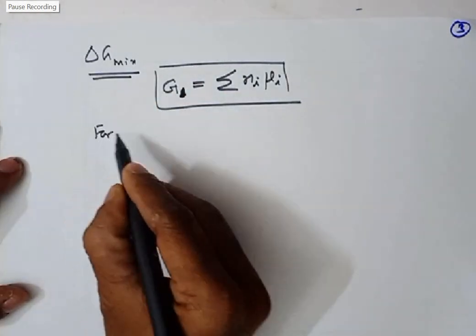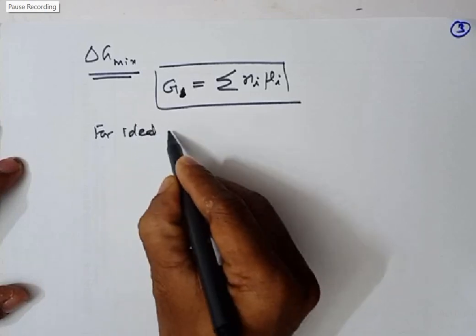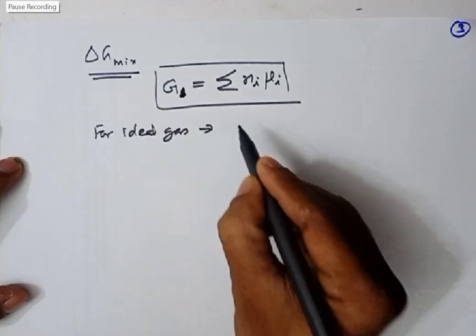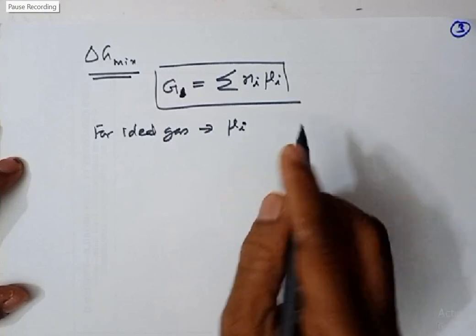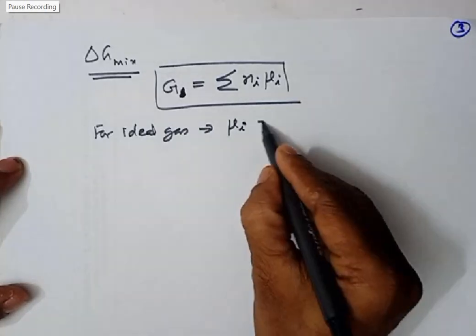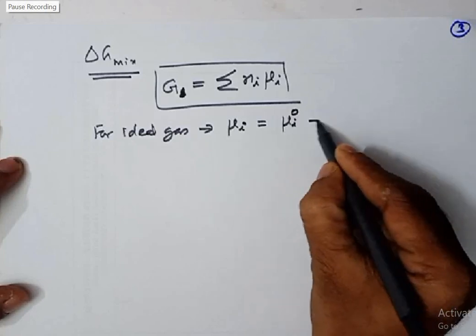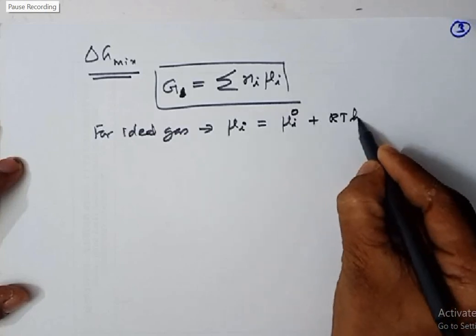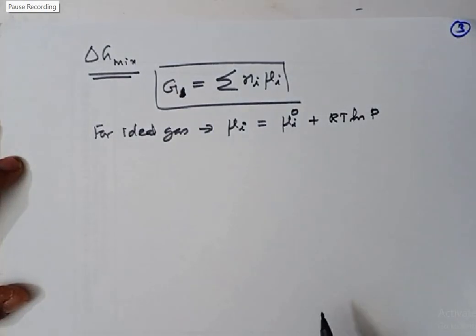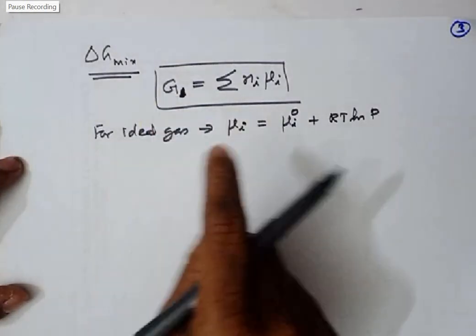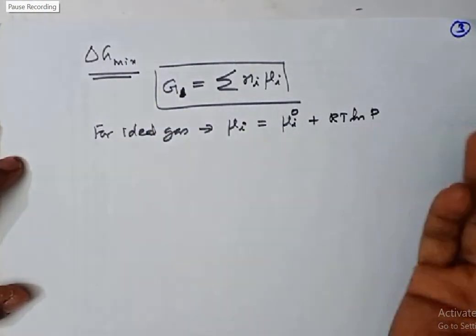For an ideal gas, what is the chemical potential of the ith gas? For an ideal gas, mu i equals mu i naught plus RT ln P, the pressure of the gas. This is well known.